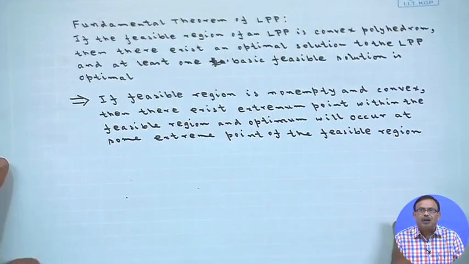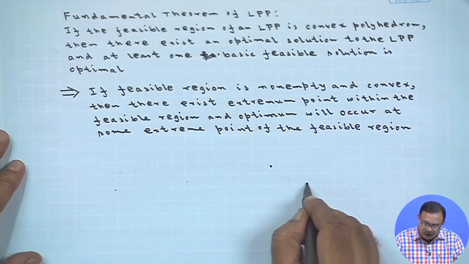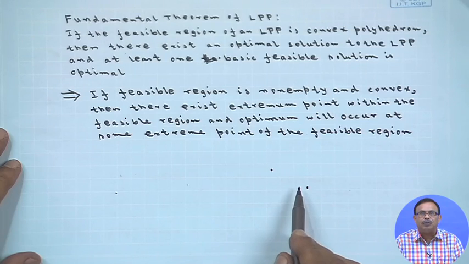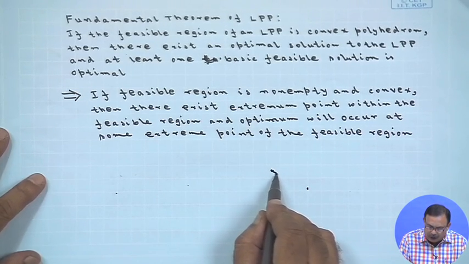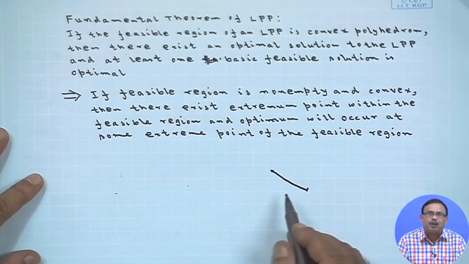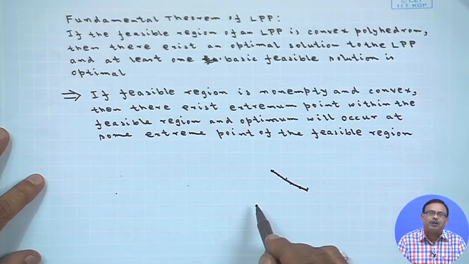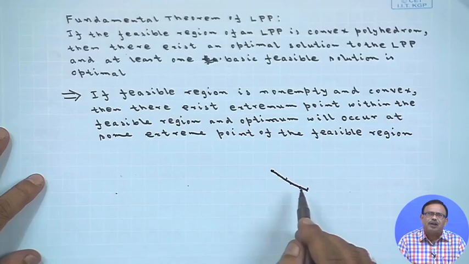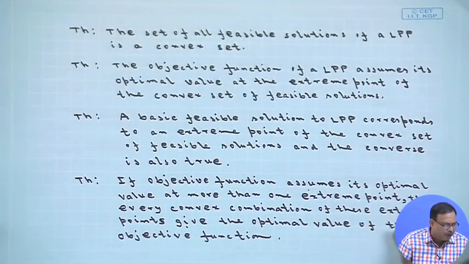In other sense, if I got the optimum at this point and at this point, that means at two points I am getting the same optimum value of the objective function, then for any convex combination, that means if I join these points, at each point of this line also the value of the objective function will be the same and it will be optimum. That is, there will be multiple solutions for that particular problem. So, these theorems are useful for us.